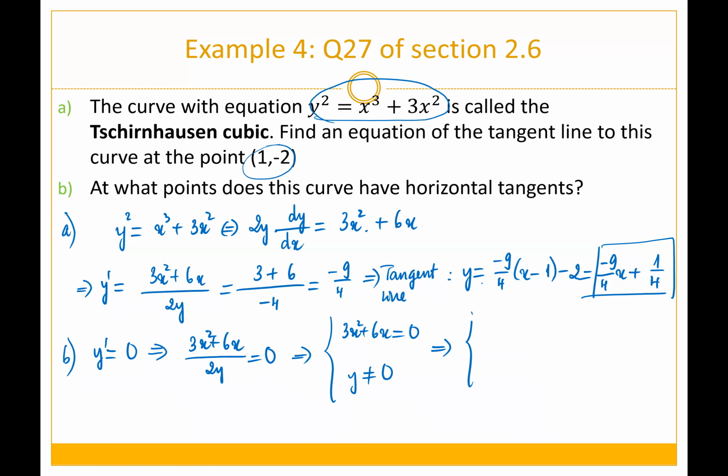Therefore, we're going to solve, and we're going to have x equals 0 or x equals negative 2, and y has to be different from 0. Now, at x equal to 0, when you plug it in, you're going to have y equal to 0, as given in equation 1. When x is equal to negative 2, y is going to equal negative 8 plus 12, so it's 4.